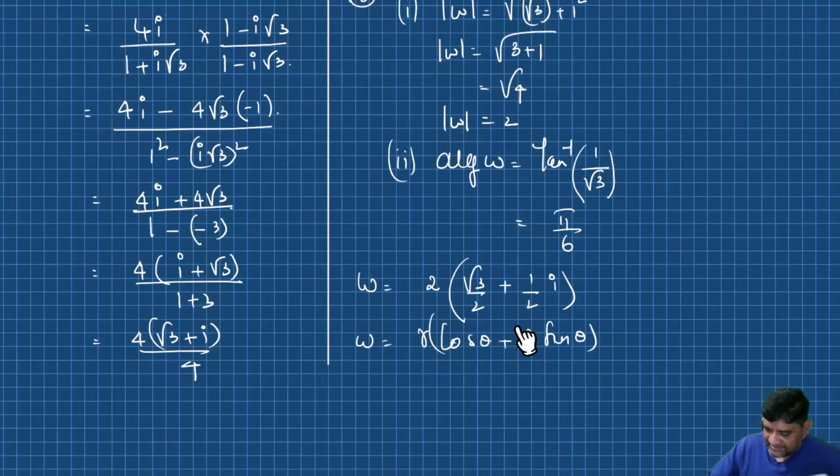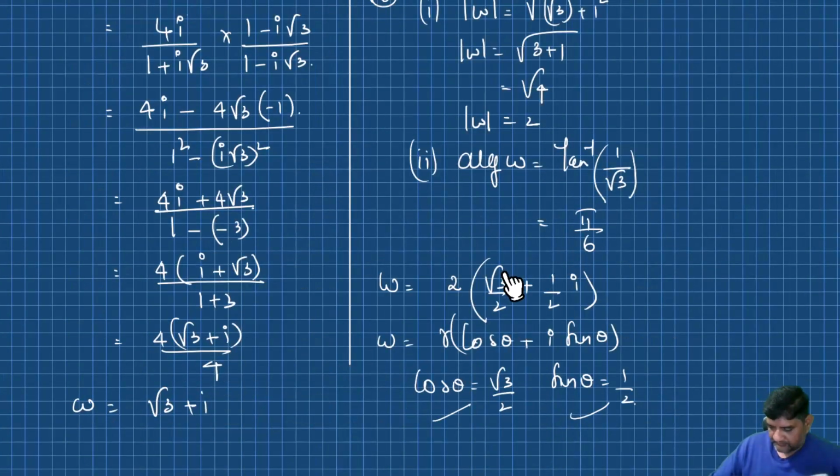And then from here I say, okay, cos theta is going to be root 3 by 2, and sin theta is going to be 1 over 2. Then I explore, okay, what is that one particular value of theta which is satisfying both of it, and this is going to be a pi by 6. Great. Let's look at the next part.